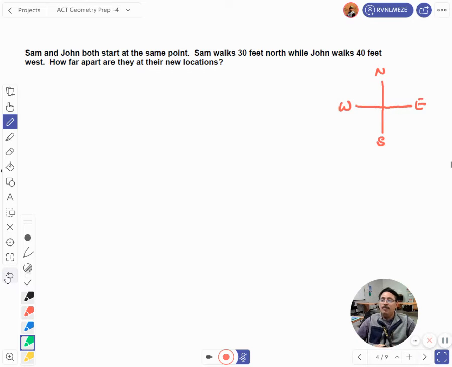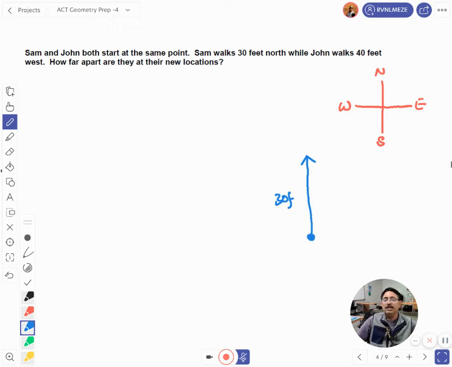Sam and John both start at the same point. So let me assume that they are starting at a point. Sam walks 30 feet north. Please remember, north means that one is in this direction. Already I showed you that this is the north. Okay? 30 feet.